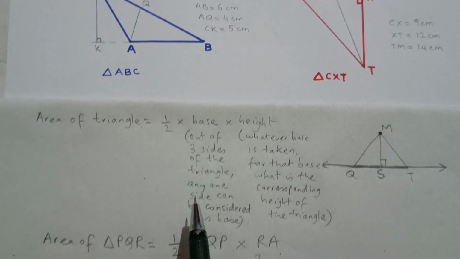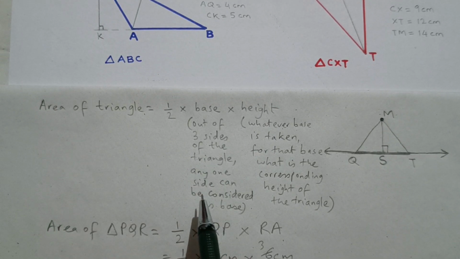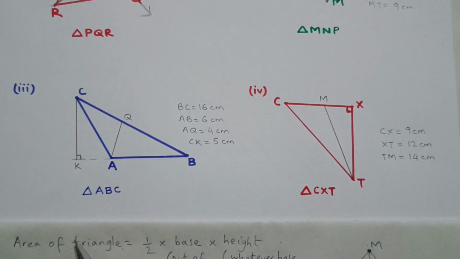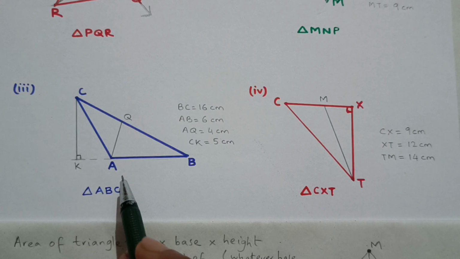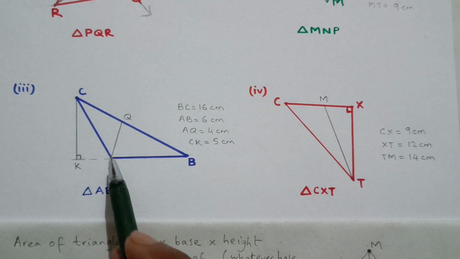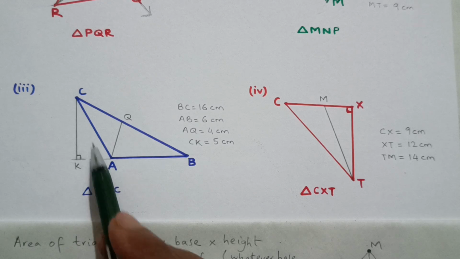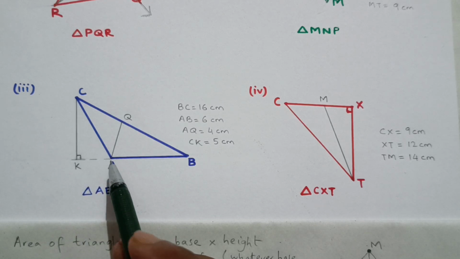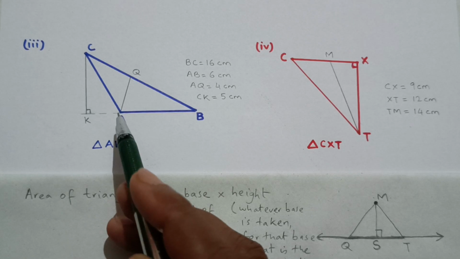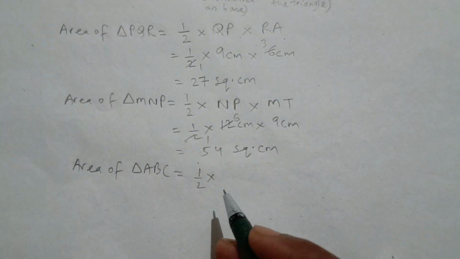So out of the 3 sides of the triangle, any one side can be considered as base. AC is one of the sides of the triangle ABC. So I can take AC as the base. So half into AC.